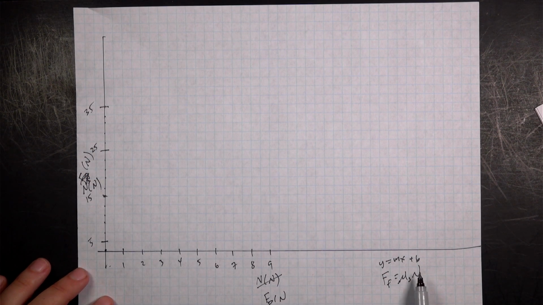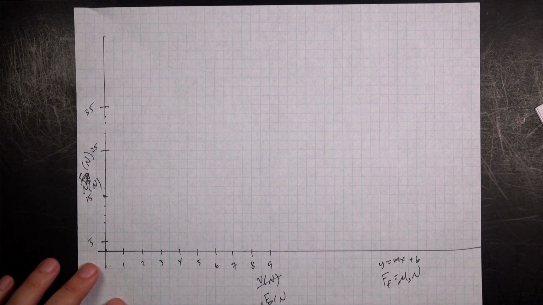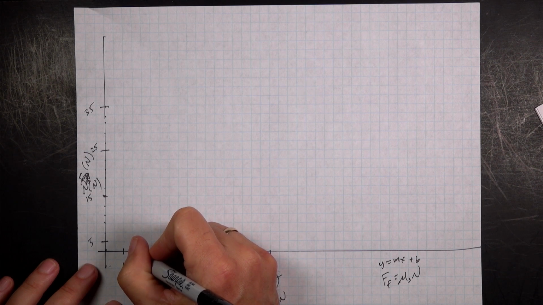So that means this is not going to work. That's fine. We're going to fix it because I don't want to make a new graph. I don't want to waste graph paper. Okay, so I'm plotting F on the horizontal axis, which is a bad idea, but I'm going to do it anyway. I could just rotate the paper too, but I'm not going to do that. So my F value is 1.5. So that's right here. 1.5.